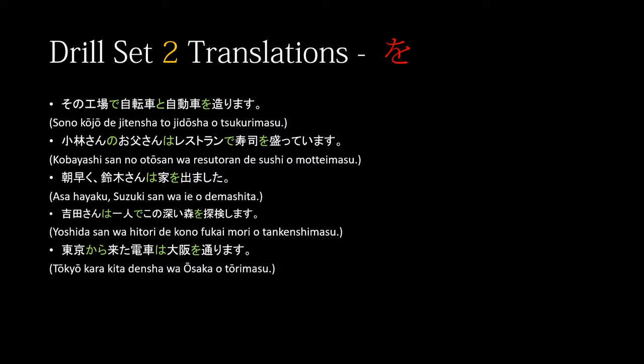And let's see our fifth sentence. 東京から来た電車は大阪を通ります。Now, once again, we see here kara in its most, let's say, default usage, and it is to show a place from which something has come.